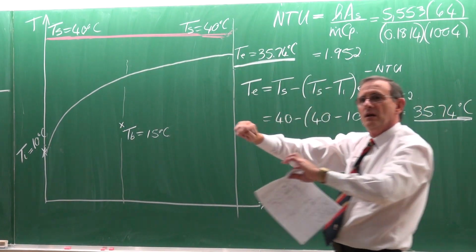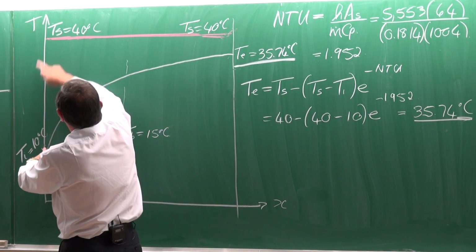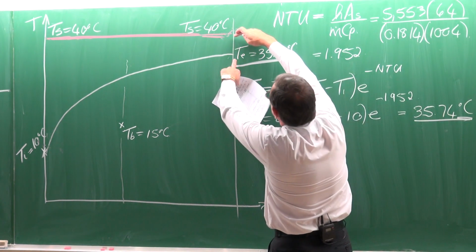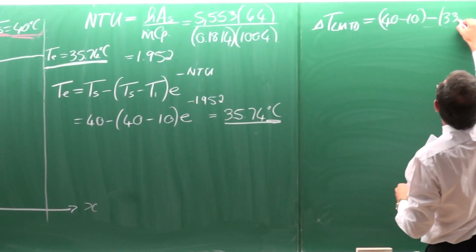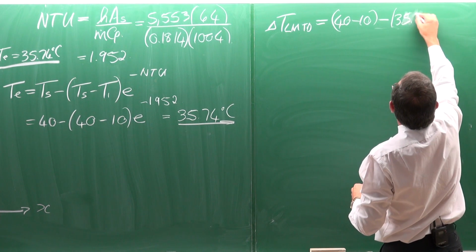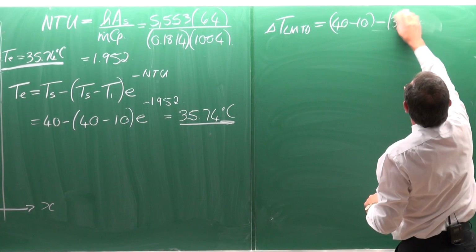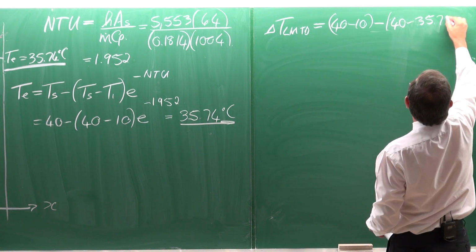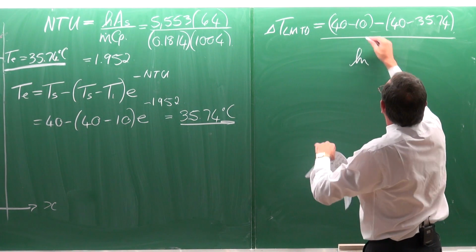So let's start by saying the LMTD is that temperature difference, 40 minus 10, minus this temperature difference, 40 minus 35.74. Is that right? Those two temperature differences divided by the ln of those two terms.